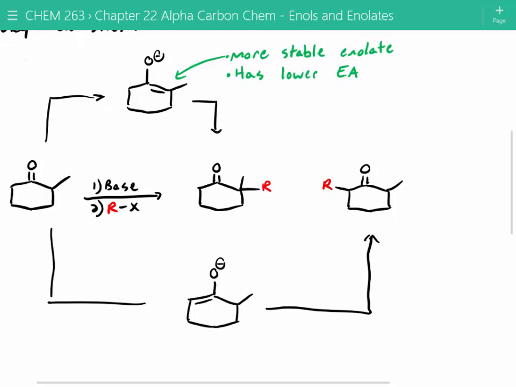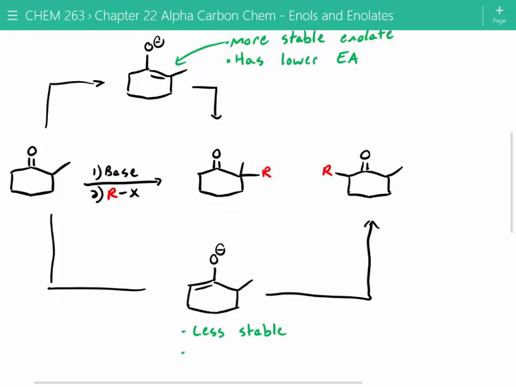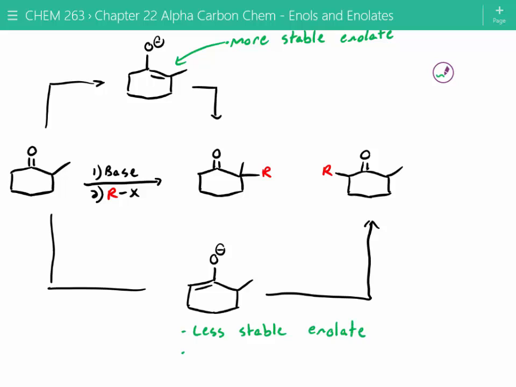If we look at this enolate, we could say that this one is less stable. Actually, sorry, let me erase the EA part, and we'll just focus on the stability of the enolates right now. But is that true?